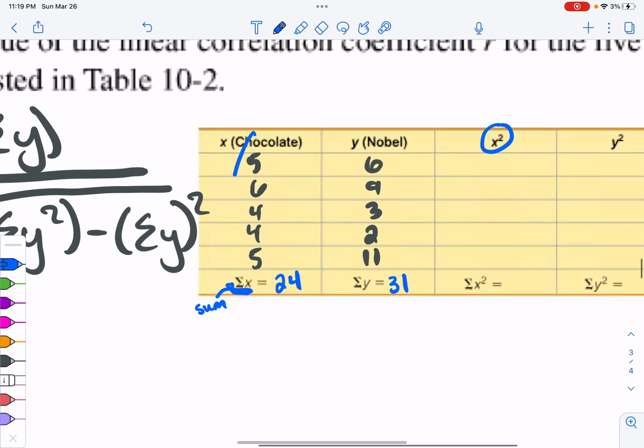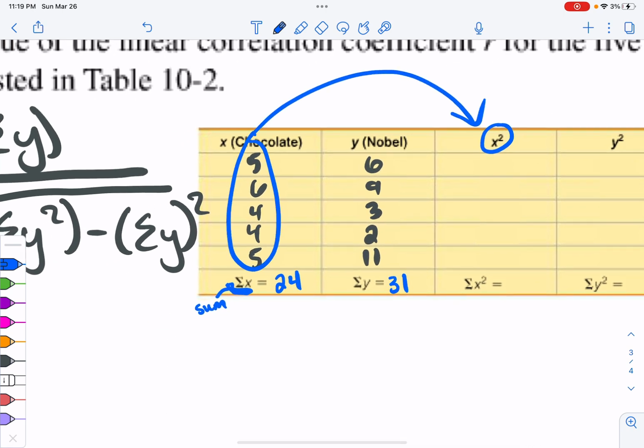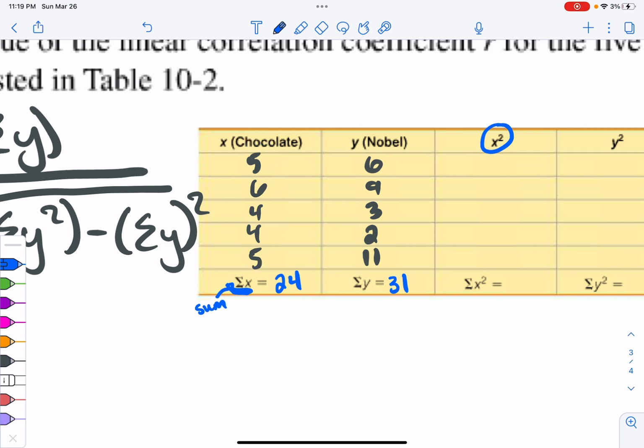So I'm just taking all these and squaring them and putting them over here. So 5 squared is 25, 6 squared is 36. This is 16 and 25 again. And then we're going to add those all up. 25, 36, 16, 16, 25. I got 118, I believe.